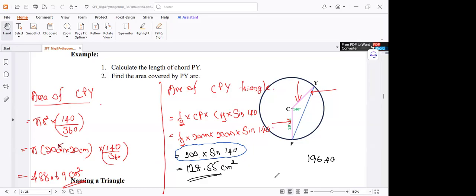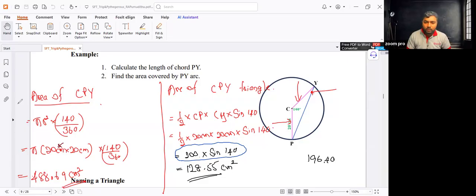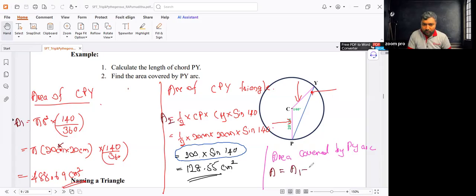Okay. Then what you have to do? You have to find the area covered by the PY arc. You have to subtract this value. I will take this as A1, this as A2, then A is equal to A1 minus A2.